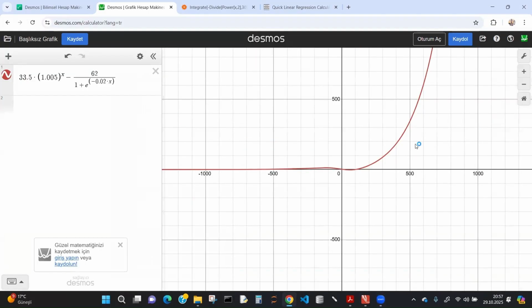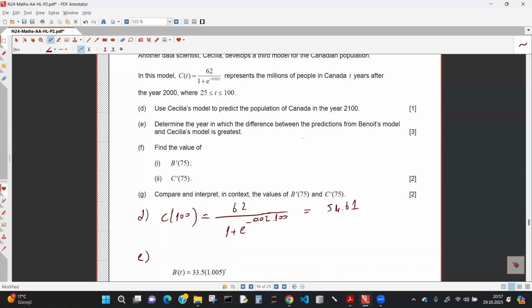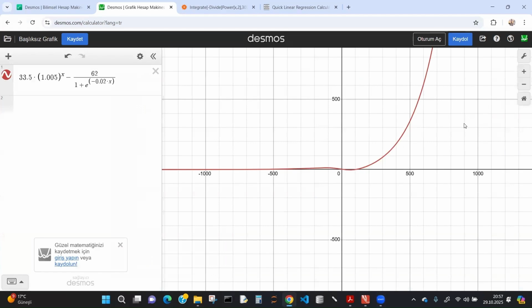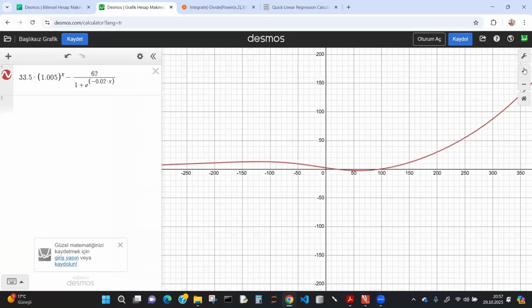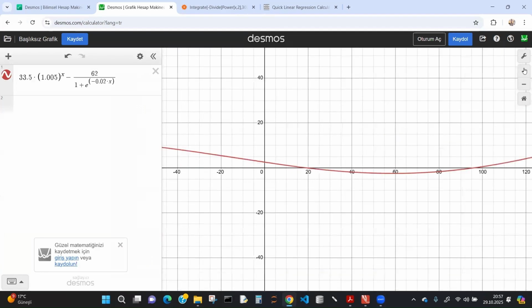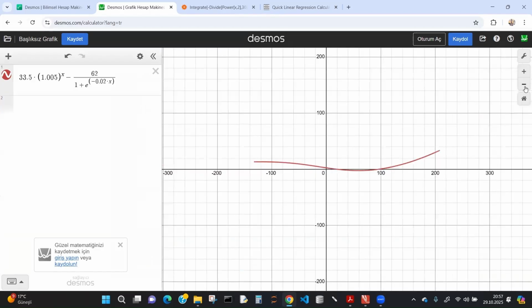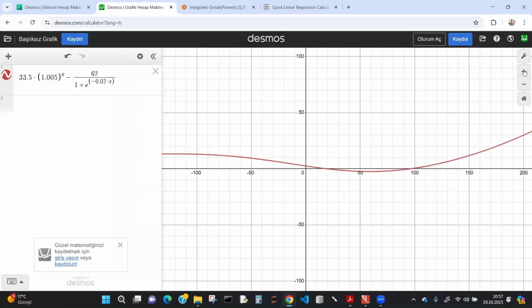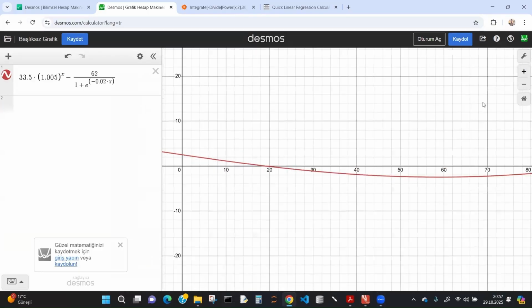So the graph is like this, and since t is between 25 and 100, we will see from here that the difference between each other is going to be maximum at the point where t is 59, let's say.